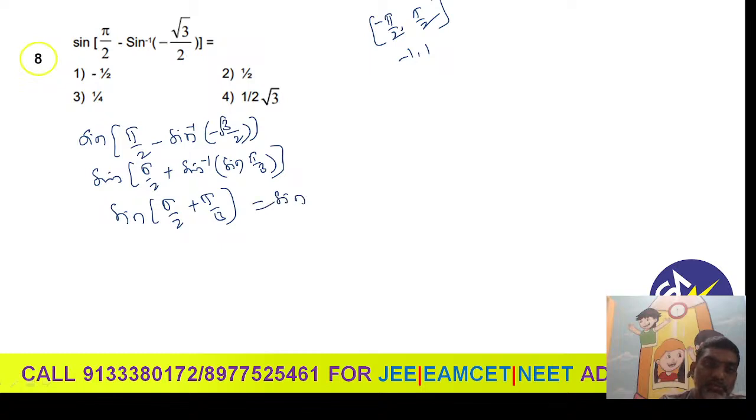This is sine 150, 5 pi by 6. So sine of 180 minus theta is sine 30. What is sine 30? It's 1 by 2. The answer is 1 by 2. Okay? Option 2 is correct.